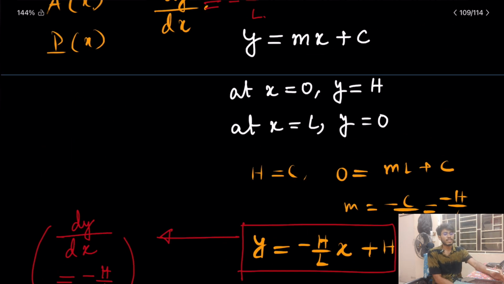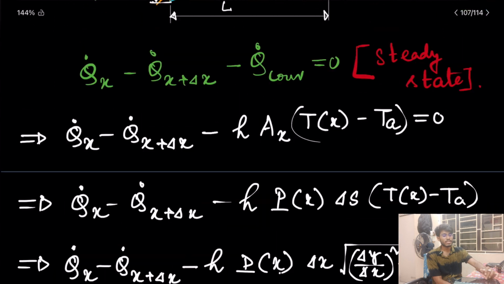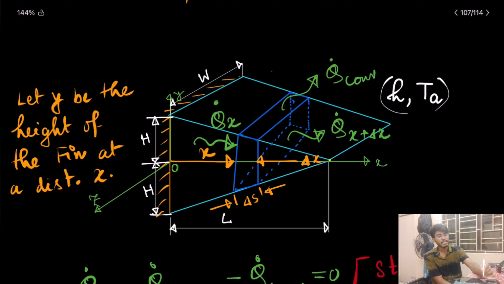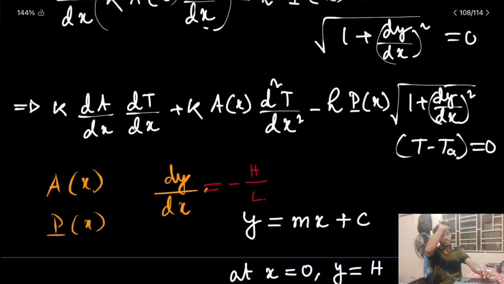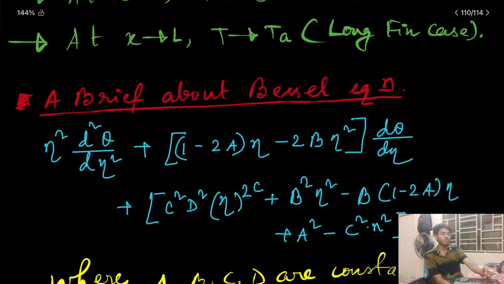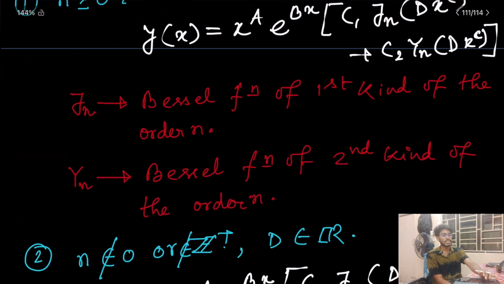So if W is much greater than 2h, then W will be greater than any height along this, right? Have you understood up till now what I have done? There is no mistake here.